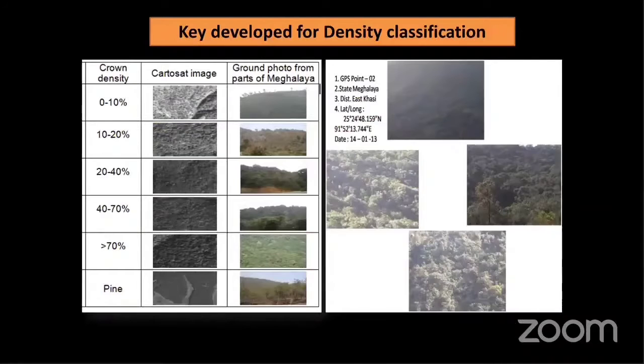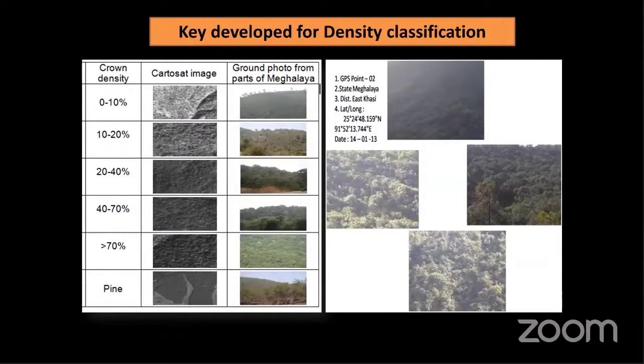Now, when you do visual interpretation, first you need to go to the field, tally the imagery with the ground, and generate some keys. An example is ground density corresponding to the image.